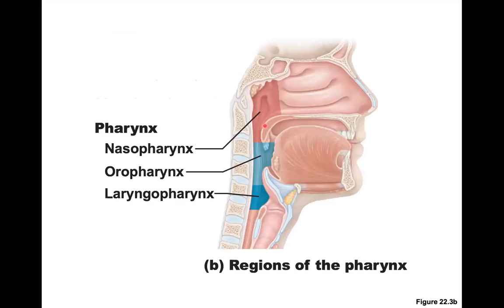And again, if we look here in this image, we can see the three distinct zones of the pharynx. We have the nasopharynx, the oropharynx, and then the laryngopharynx. The nasopharynx will just be for respiratory. The oro and laryngopharynx will be shared between the respiratory and digestive systems.